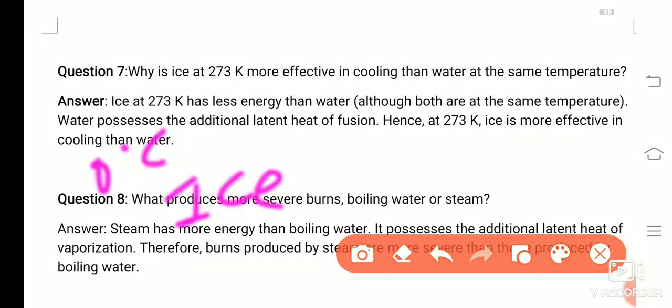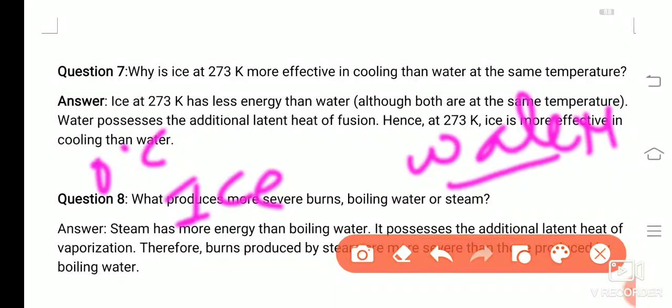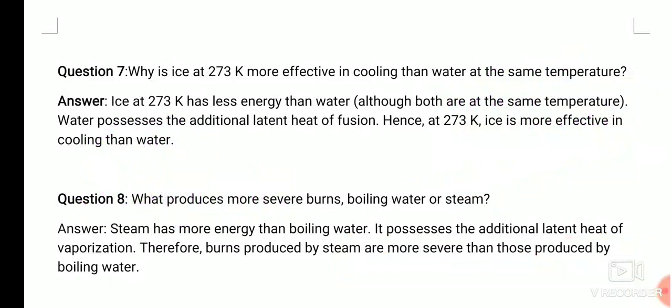And at the same temperature you have water. Clear? So the temperature of water will be about 25, right? And ice is at 0 degrees Celsius. So here what is the concept? Ice at 273 Kelvin has less energy than water, right?